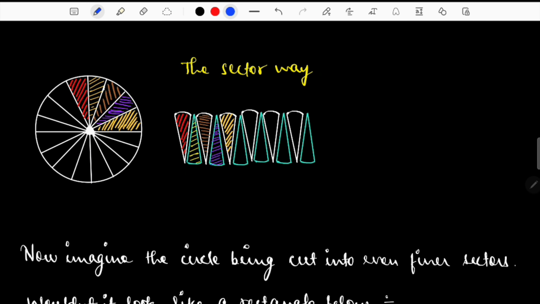Can't you see that x is nothing but this side of the rectangle, which is made up of nothing but circular or curvilinear regions of the sectors. If you look close enough into this picture, you would find that half of the curved region of the sectors lies above and the other half lies below, right? These curved regions of the sector are nothing but the portion of the circumference of the circle.